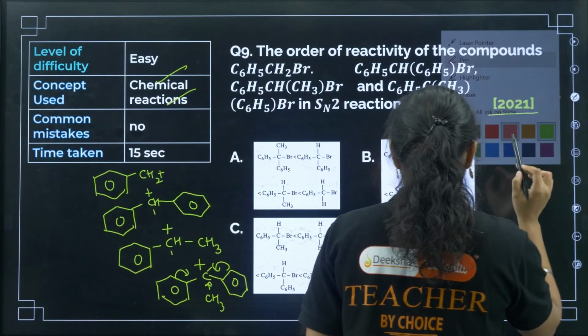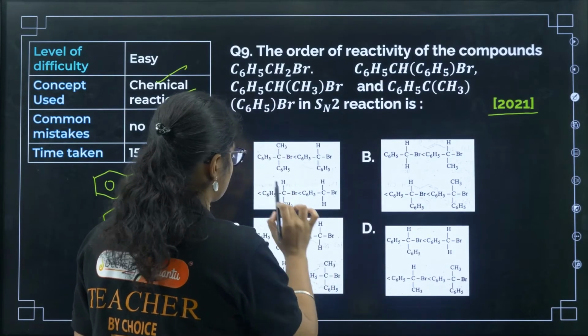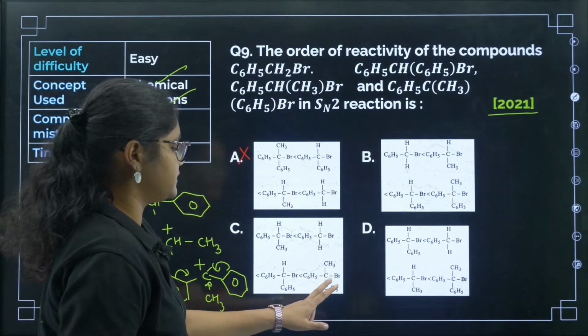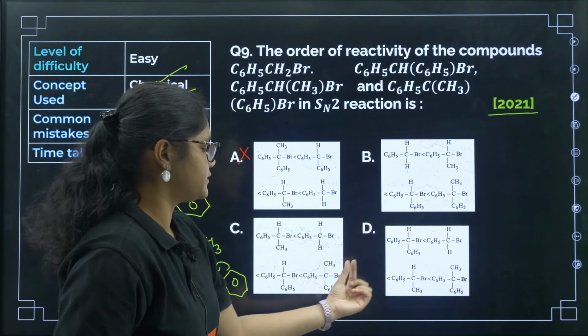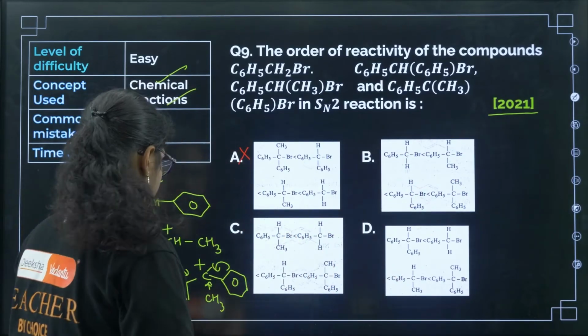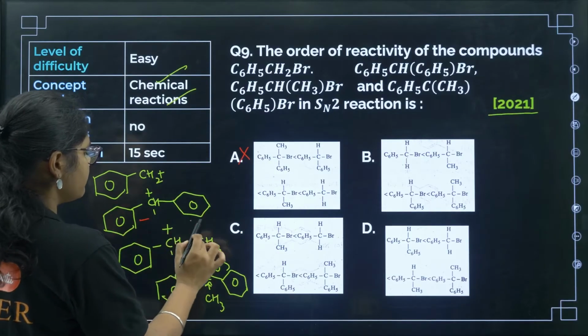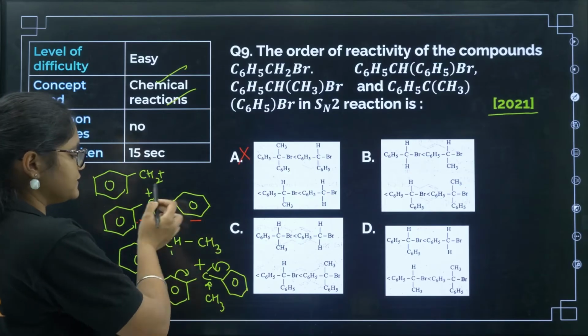Okay, what else can we see? Here also it is present, here also it is present, here it is not present, so we can eliminate option number A. 2 C6H5 and 1 CH3, these three options have the same. Now after that, here we have 2 C6H5 groups, right? That is more stable because it is stabilizing due to resonance.